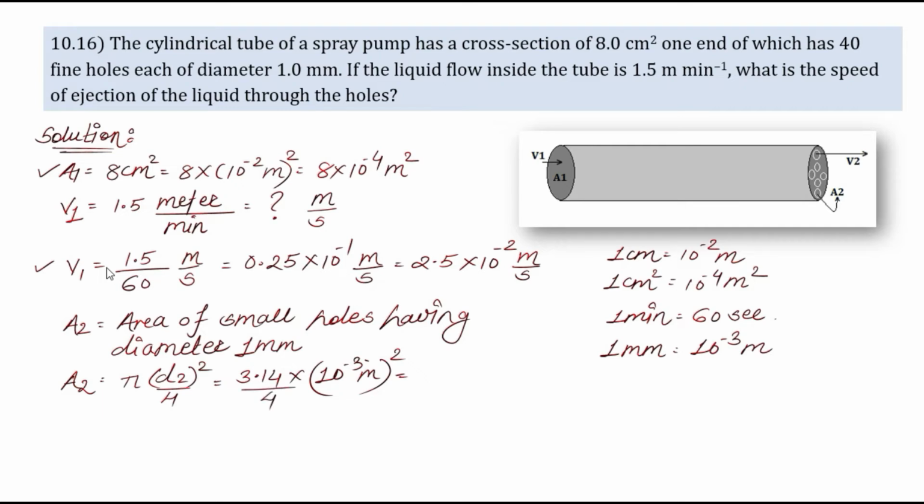After multiplying this we will get 0.785 into 10 raised to minus 6 meter square. This is A2. Now we have to find V2, but before that we have to take care of all these 40 holes.